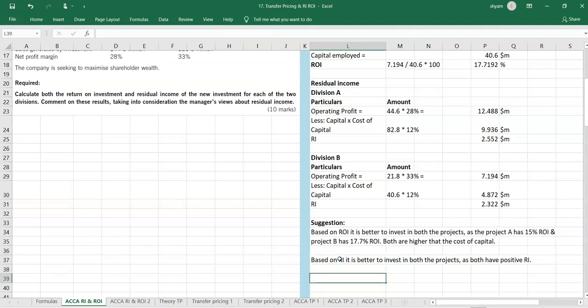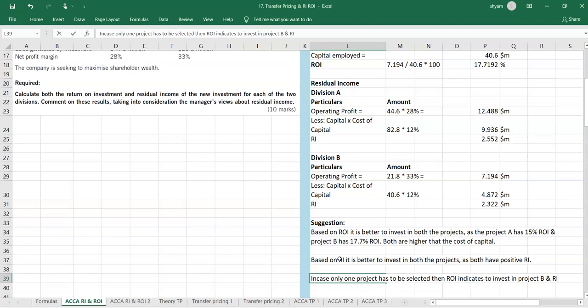But if only one project has to be selected, then ROI indicates to invest in project B, which was the higher one.